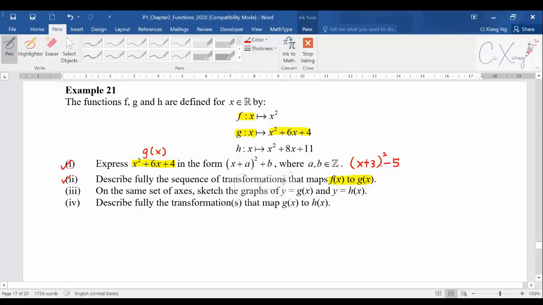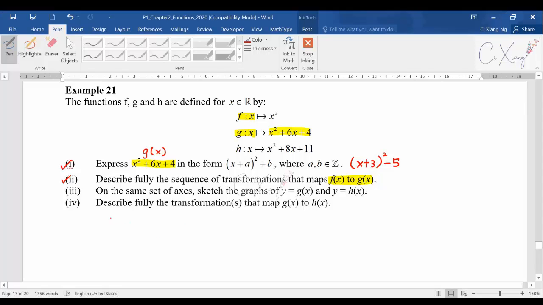They ask you to convert it into a completing square form, and this form is very useful, because when they ask you to find the transformation from f(x) to g(x), generally you need this completing square form as a reference when you want to write the answer.